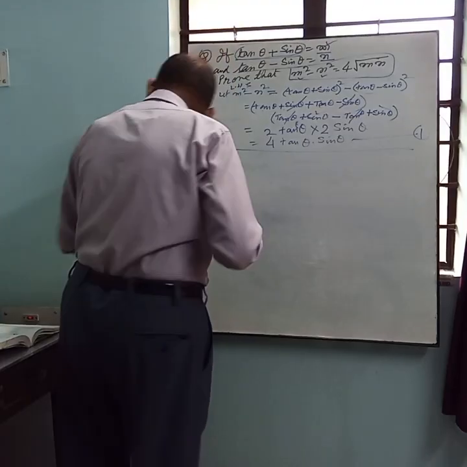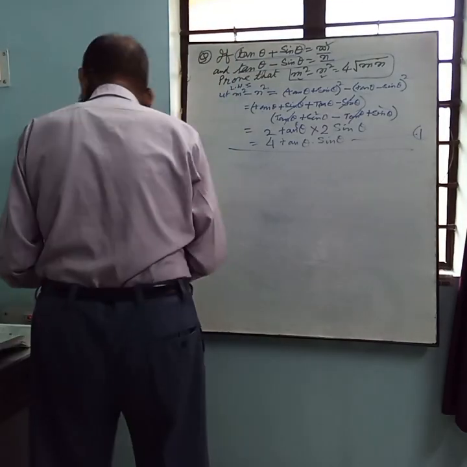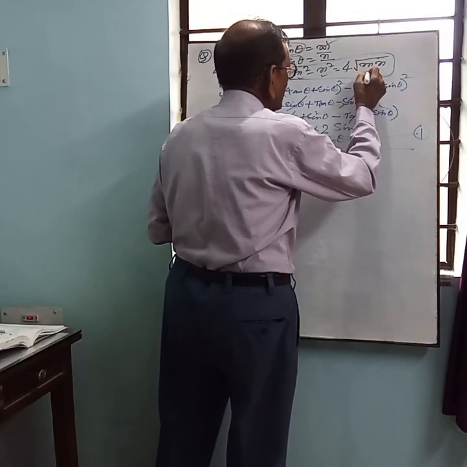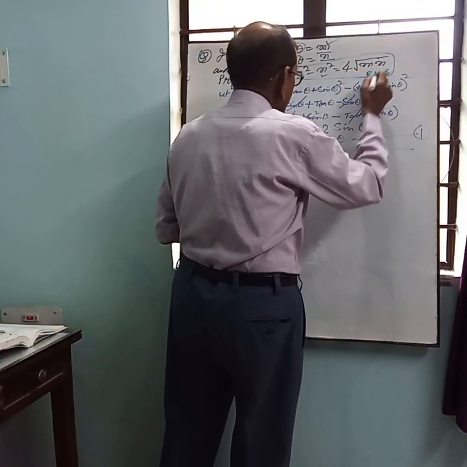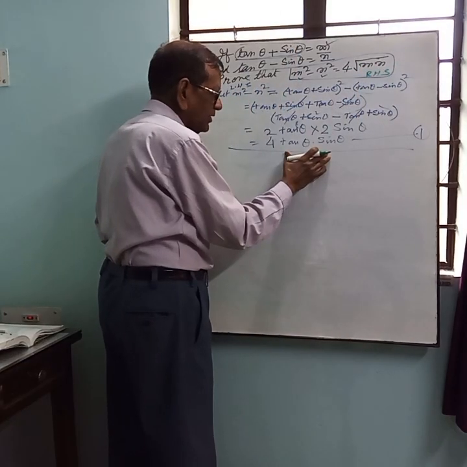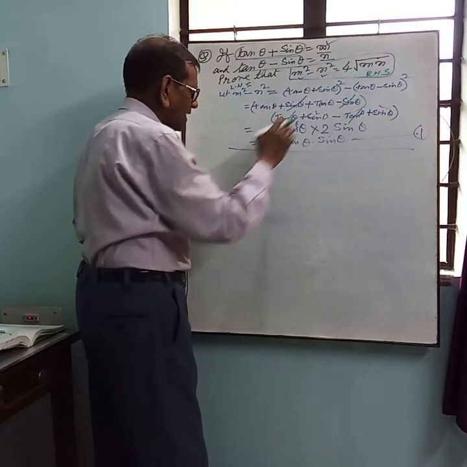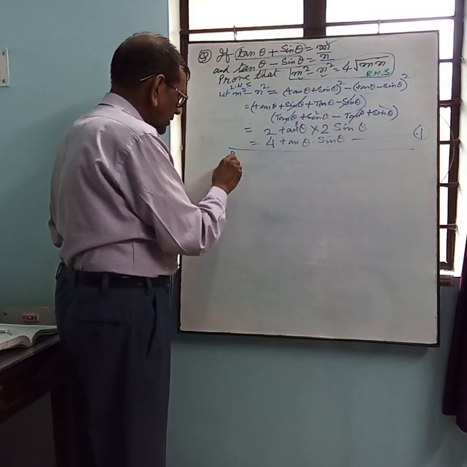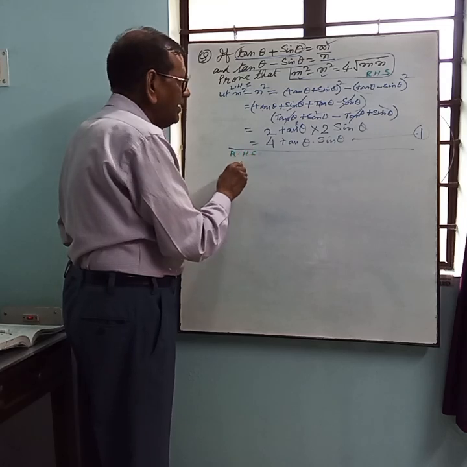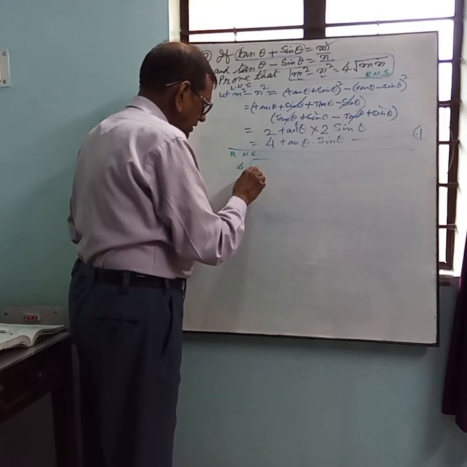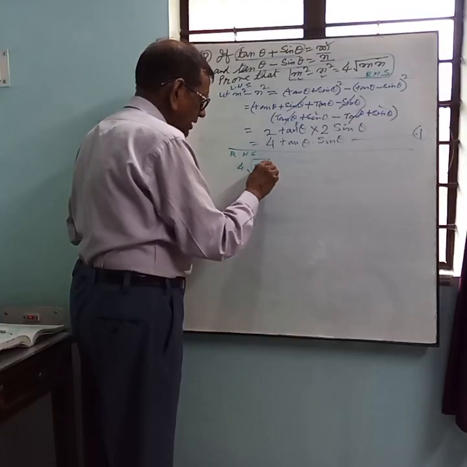Now you try to start with this RHS. LHS will come up to this. This is important. Now for this question, start from RHS. RHS will be 4 times under root m into n.